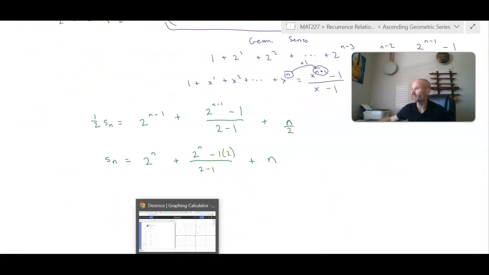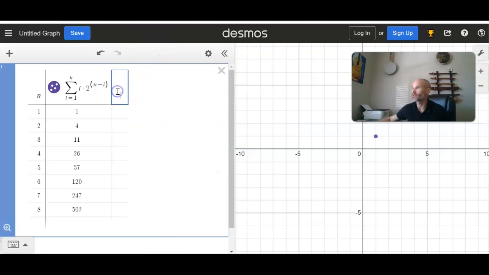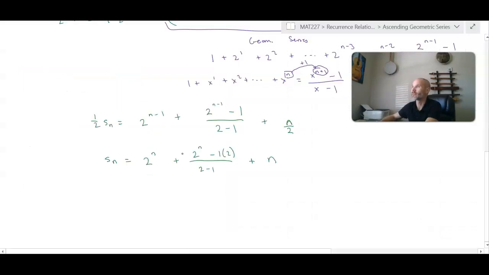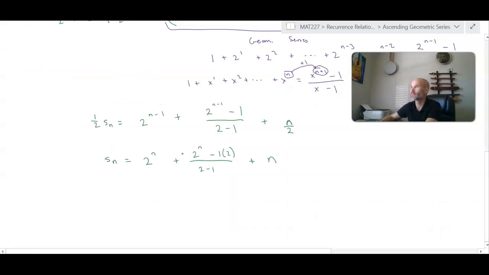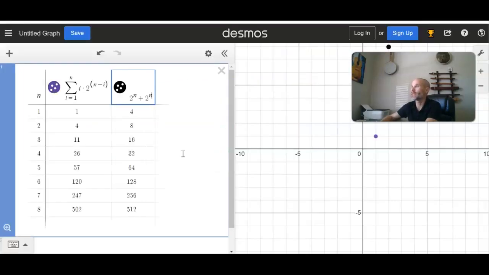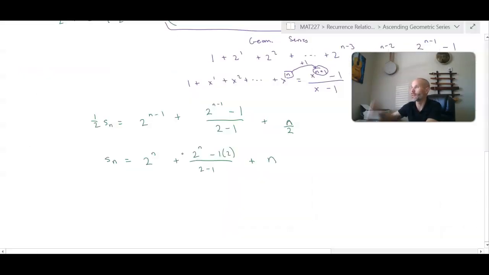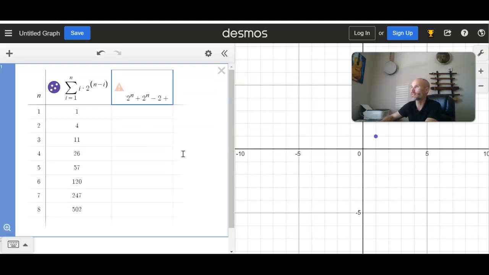And let's go ahead and look back at this in Desmos just to verify. In this column, what I'll go ahead and do is I'll put in the formula 2 to the n plus 2 to the n, well, here I'll just simplify it, minus 2, and that's going to be over 1, plus n.